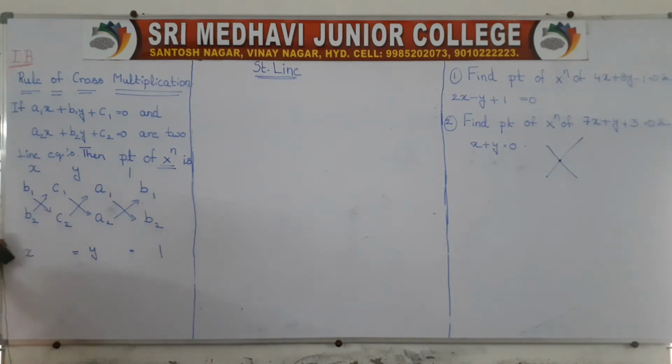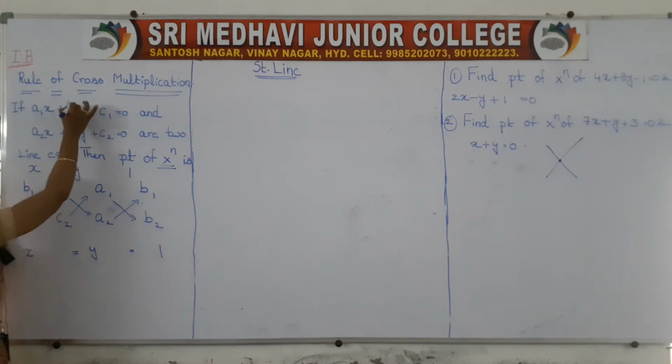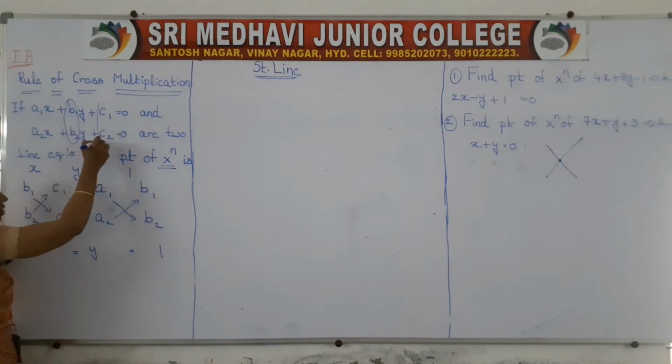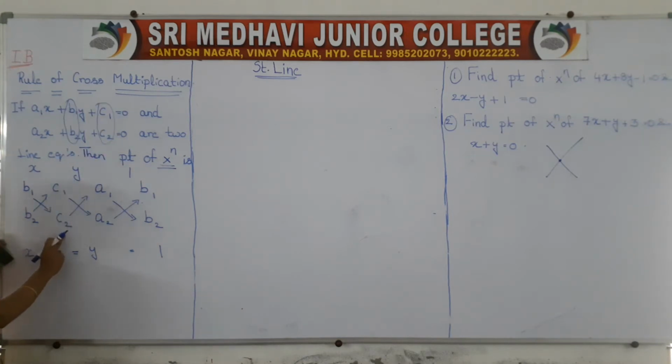So what is the procedure? Observe carefully, girls. Not only here in first year, anywhere you have to find the point of intersection of 2 lines, you have to go for this method. First we take the y coefficients, b1, b2. The y coefficient is b1, the y coefficient is b2. Next take the constants c1, c2.